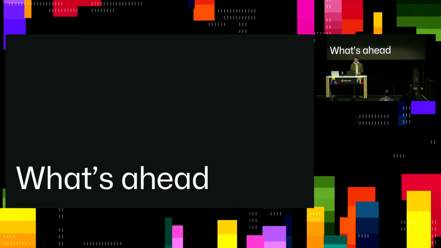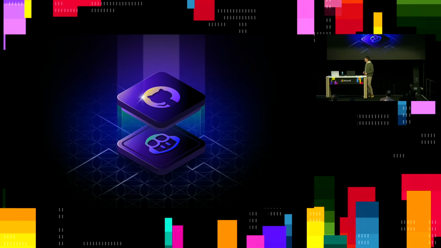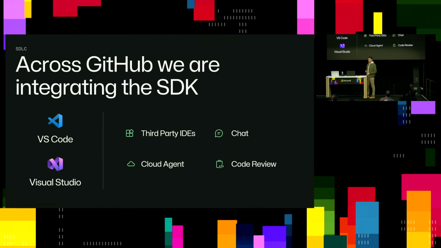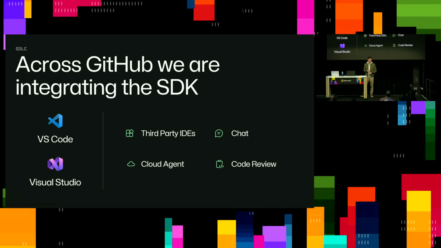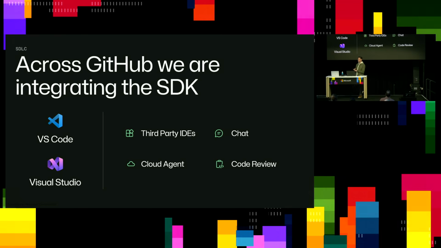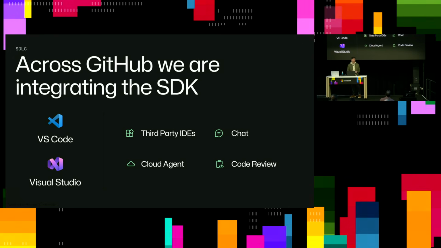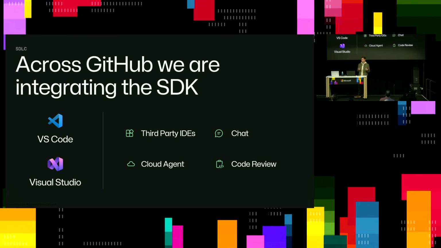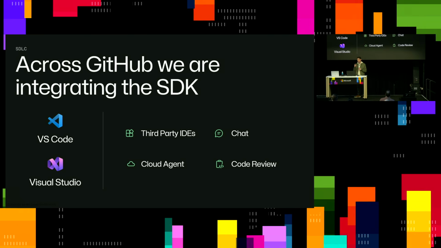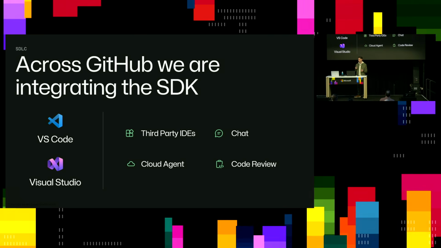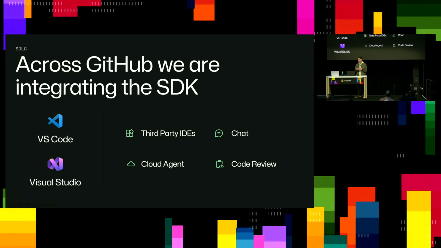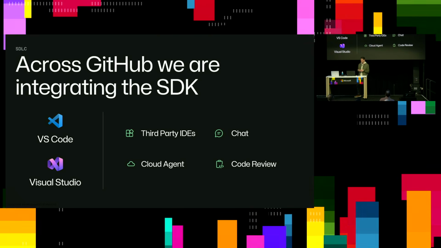Let's talk a little bit about what's ahead. On the GitHub side, we're not stopping. GA is just the beginning. Across GitHub.com, we're working with the Visual Studio team, the VS Code team, across the GitHub.com experiences, as Steve highlighted briefly as well, making sure that our Copilot agentic harness spreads even farther, and those differences that you detect between Visual Studio, VS Code, GitHub.com will start to unify, especially over the next 30, 60 days here as well.